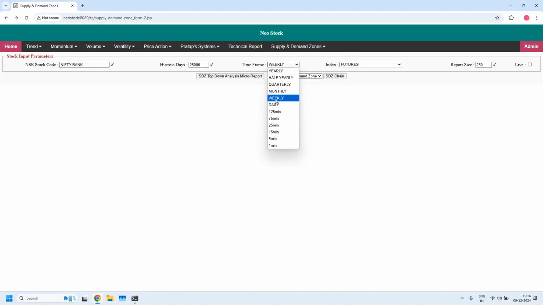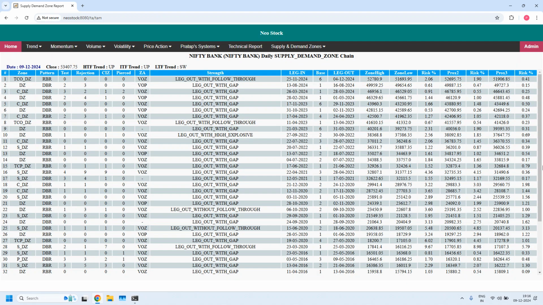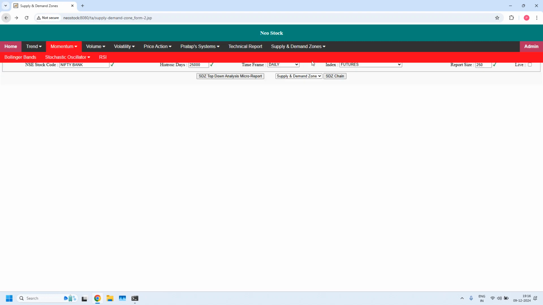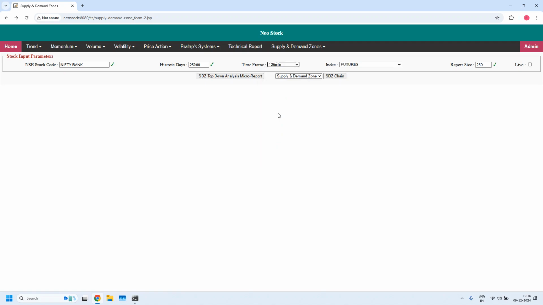Next, daily supply demand zone chain for BANKNIFTY. Next, 125-minute supply demand zone chain for Bank Nifty.